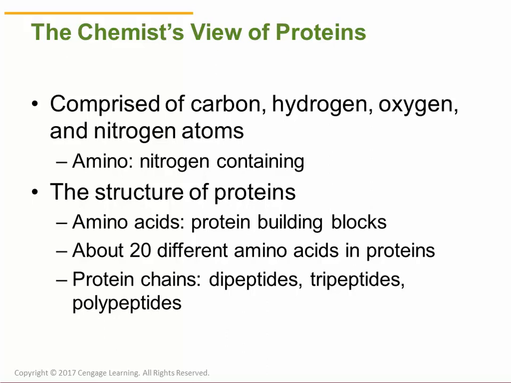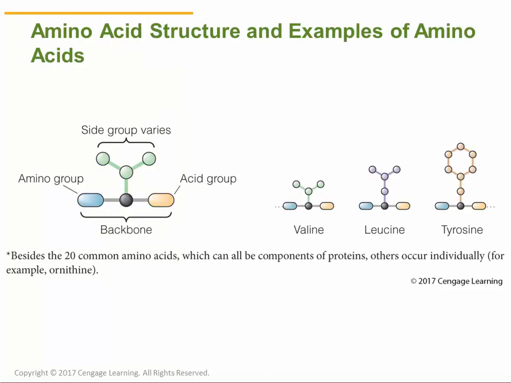Okay? Remember that proteins are made up in chains. We have dipeptides, tripeptides, and polypeptides. Dipeptides, this is 2 amino acids. Tripeptides, 3. Polypeptides, that's many of those put together as well. This just shows you the structure of the amino acids. It shows you the backbone of it.